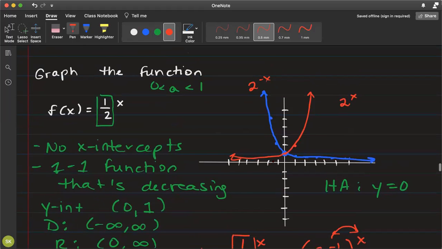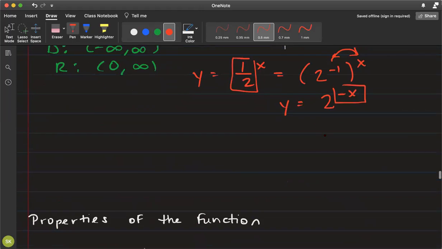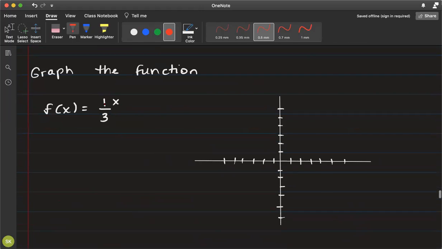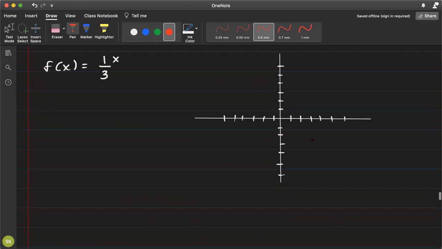So all we really need to know is how to graph something like 2 to the x, where this number is greater than 1. I'm not going to graph this one because we know what it's going to look like. It's going to go down like the other graph before.